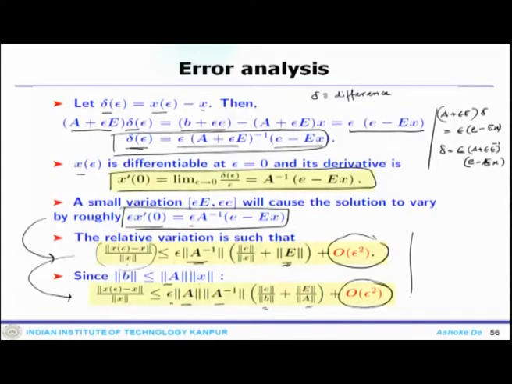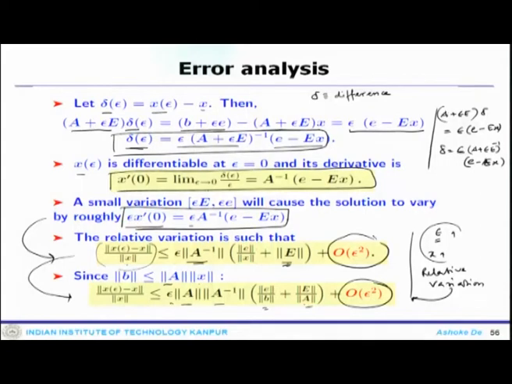So, you can see once you perturb the initial data by epsilon, how much the solution will vary, and you can find out the relative variation through this.